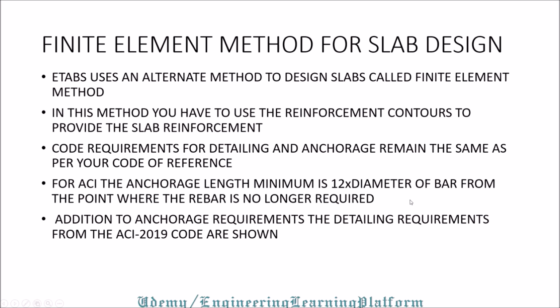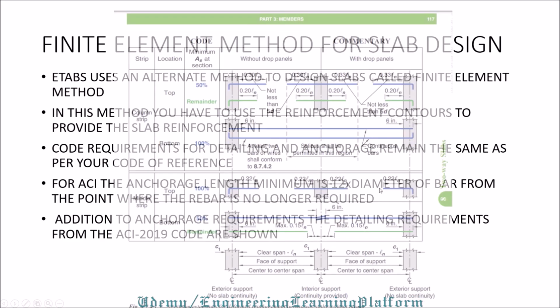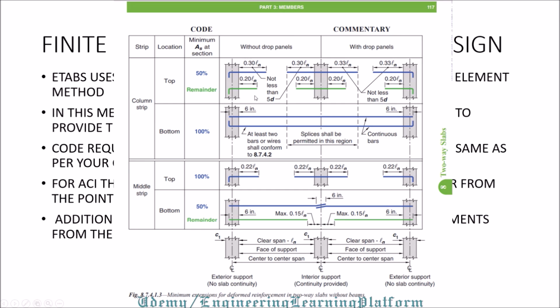In addition to the anchorage requirement, the detailing requirements from the ACI code are shown like this. If you are using the ACI code and you have to detail the reinforcement, whether it is extra reinforcement or the primary reinforcement, for example in the top rebar, 50% of the bars should extend at least 0.3 times the clear span on both sides.